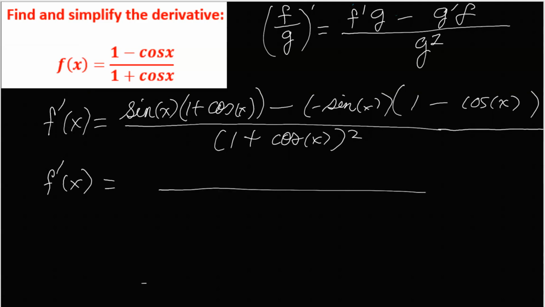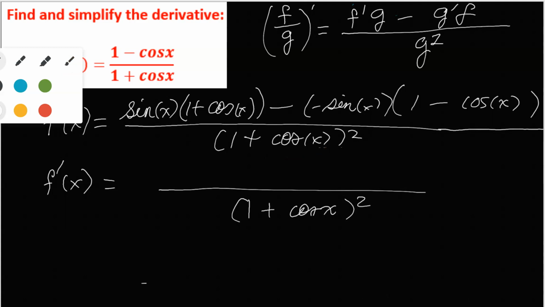On the denominator, again, is 1 plus cosine of x squared. Okay, so you see how it's sort of a little bit more pleasant on the eye when we don't have the parentheses, right? Anyways, make sure you understand that this and that mean the same. Okay.